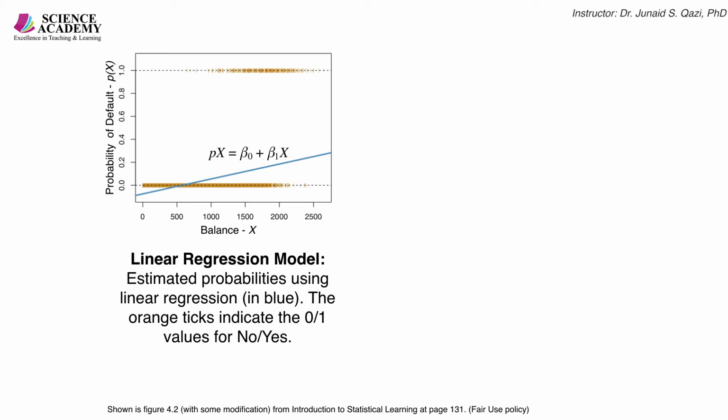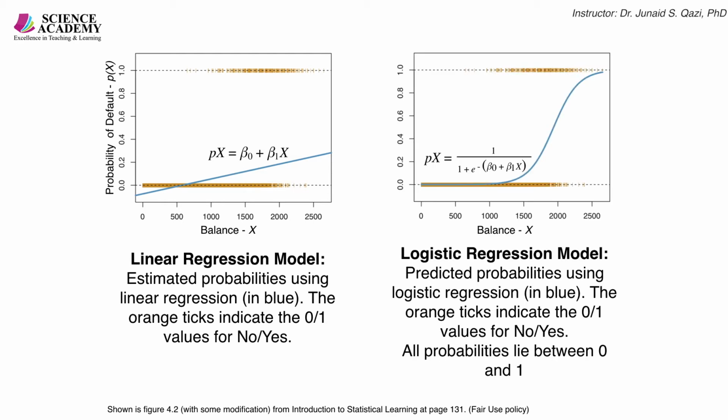We see the line touches below 0 on the y-axis, and if we extrapolate the line along the x-axis, the predicted probabilities for higher balances would be much higher than 1. This is a classification problem, and it looks like linear regression is not working in this situation. So we need to find another way for this classification problem.